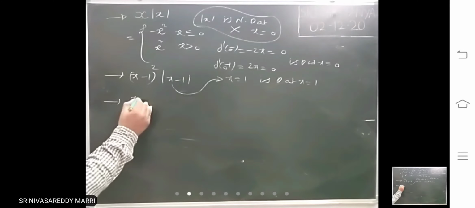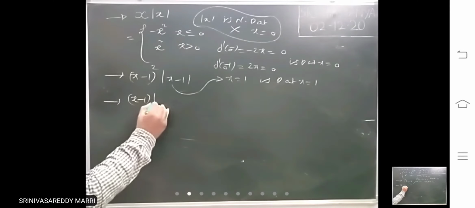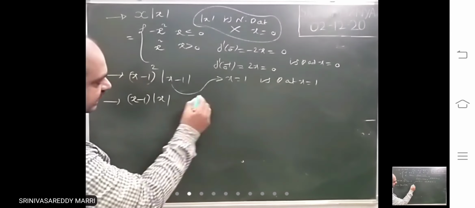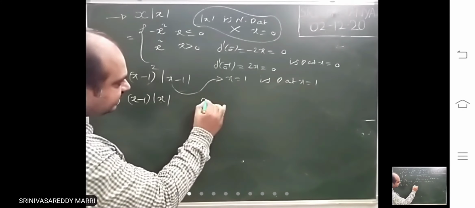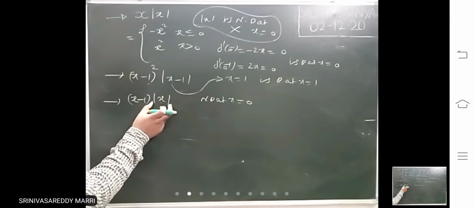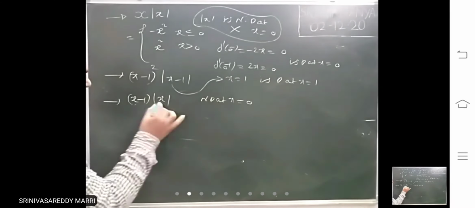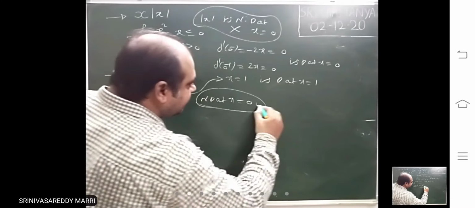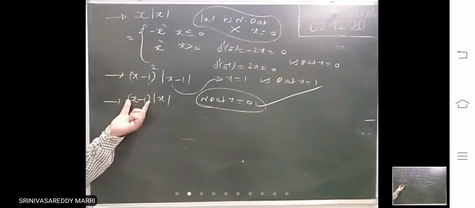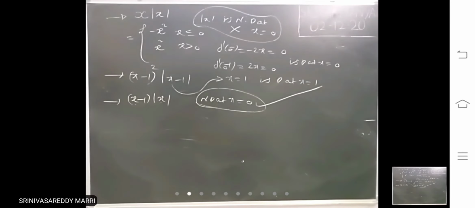Suppose if you take x minus 1 into modulus x. This is modulus x multiplied by x minus 1. Now modulus x, if you see, is not differentiable at x equal to 0. So this product will also be not differentiable. Now this is correct, because x is there, x minus 1 is there, not the same factor. Right? If same factor is there, it will be differentiable.